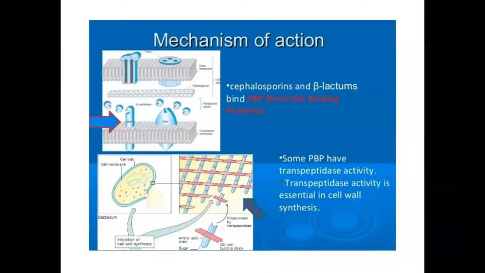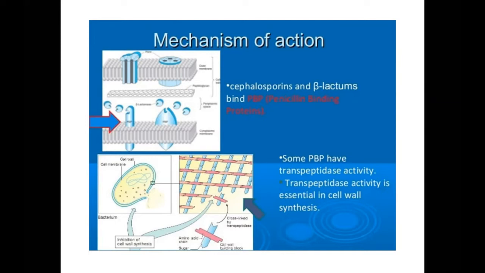Some of these penicillin binding proteins, that is transpeptidases, many of these organisms have several of these penicillin binding proteins, and these several penicillin binding proteins have different affinity for different beta-lactam antibiotics. So these penicillin binding proteins actually determine the sensitivity pattern of the beta-lactam antibiotics.